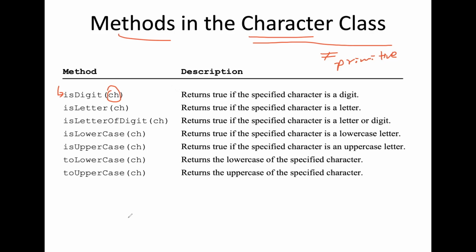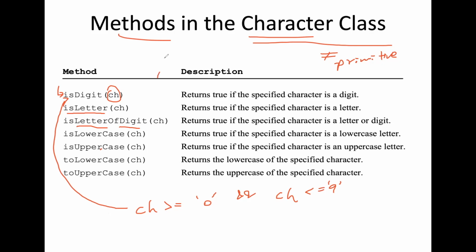Instead of writing this primitive check, to see if ch is greater than or equal to 0 and ch is less than or equal to 9, which represents those digits, in a primitive way, you can replace the whole logic with this isDigit method. You can also check to see if a character is a letter, or letter or digit, lowercase, uppercase, and so on and so forth.